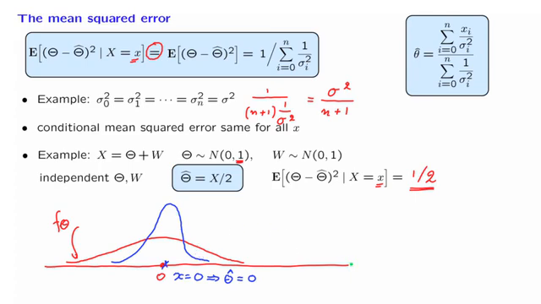But what if I happen to obtain a measurement that's somewhere out here? In this case, my estimate is going to be 1/2 of what I observed. It's here. And the posterior PDF of theta is going to be a normal PDF that's centered around this point and has the same variance 1/2.